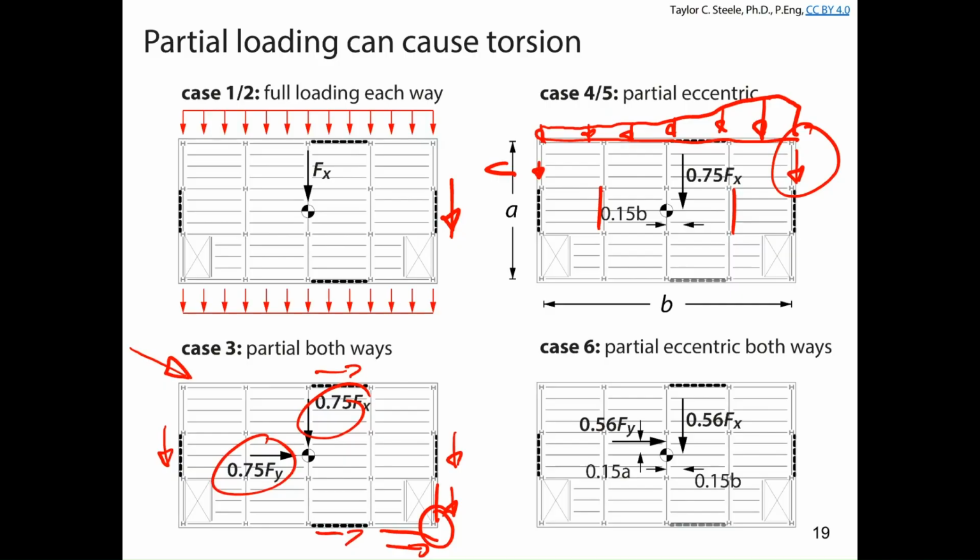Technically, because our building is symmetric, this way is equal to that way, and left-right is going to be equal to right-left. It just means tension, compression changes for some of those members. And you need to consider this partial eccentric loading here, because if your braced frames are spaced too close together, that's going to result in more load on those braced frames because they're closer to the center of the structure.